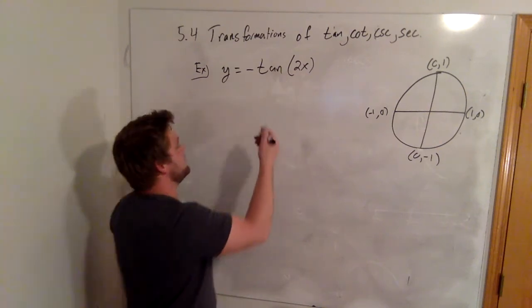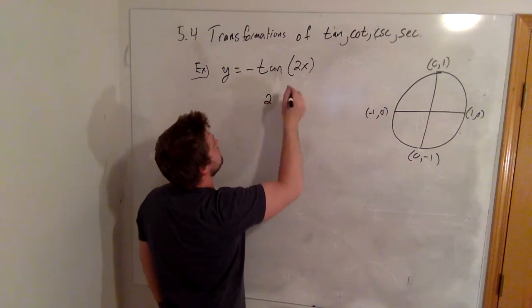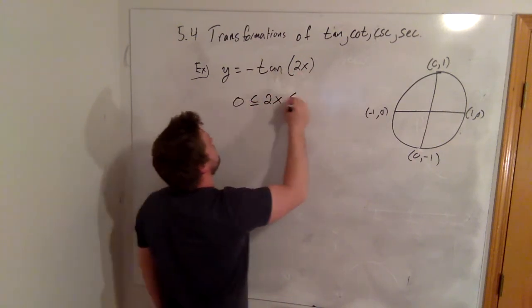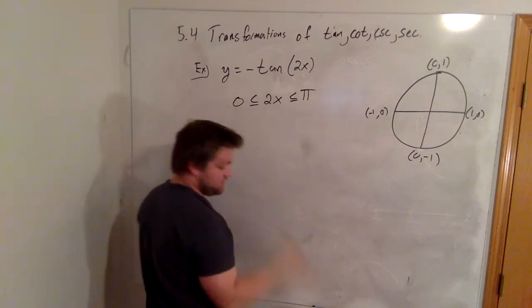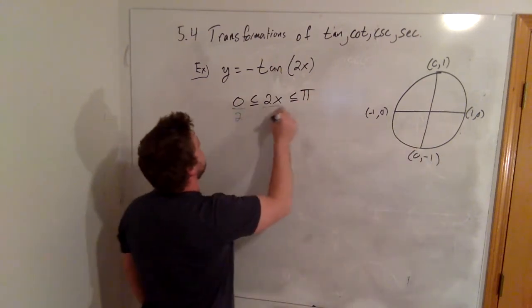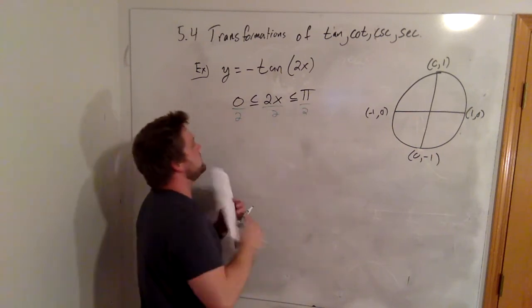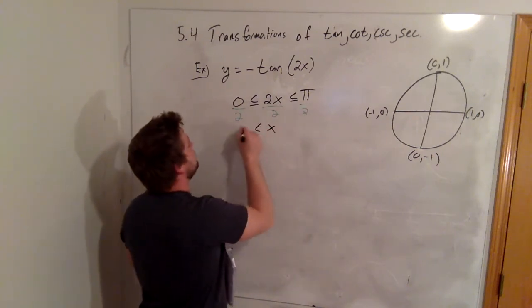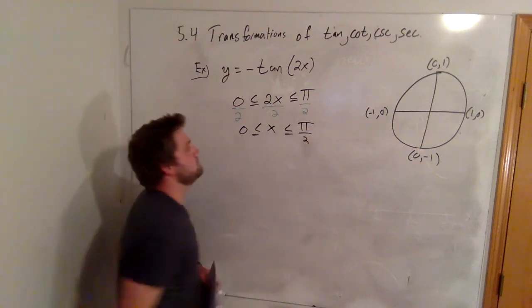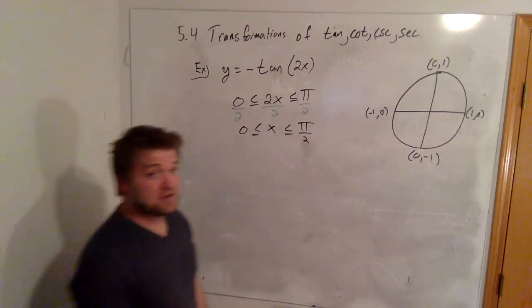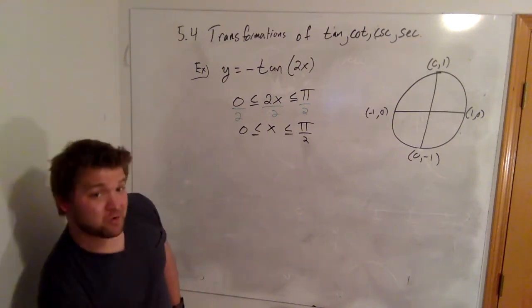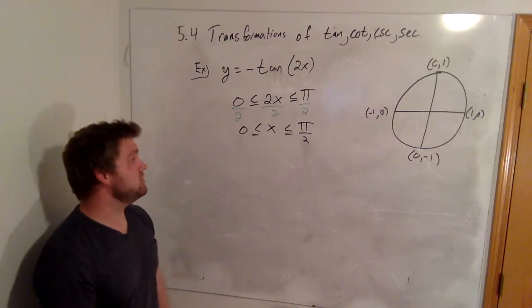Well, what will be the period? The way I think about it is, I want to know when the inside of tangent is between 0 and pi. If I divide everything by 2, my x value will be between 0 and pi over 2. For the sines and cosines we did 2 pi over that omega value, or k value as the book uses.